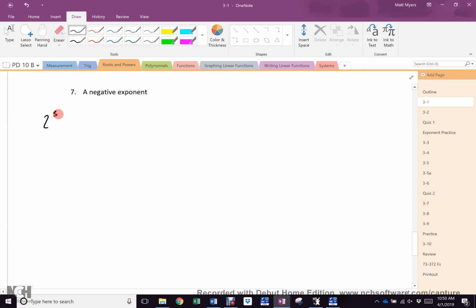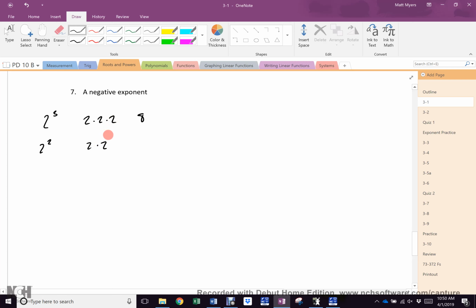What is 2 cubed? 2 times 2 times 2. And what is that value? 8. Easy peasy, right? 2 squared. What is that really? 2 times 2. I have removed one multiplication, yes?